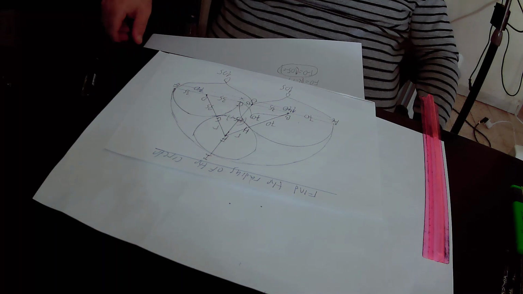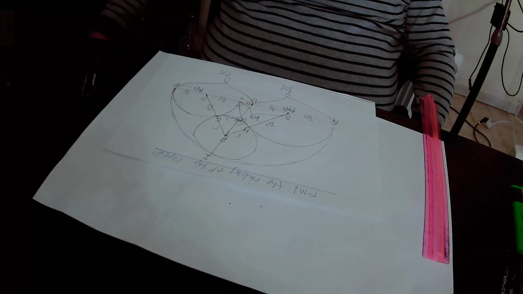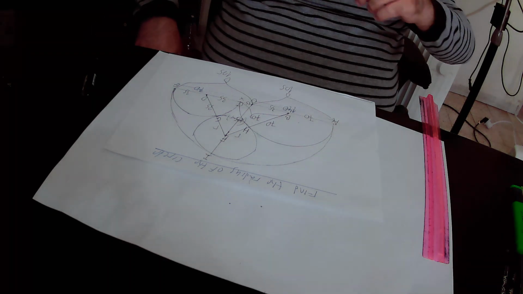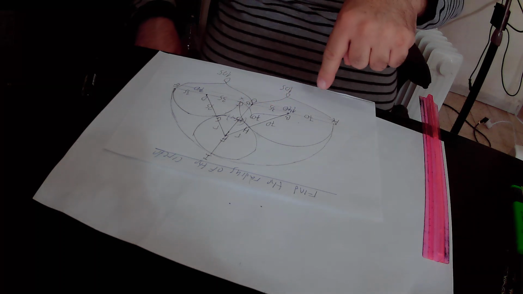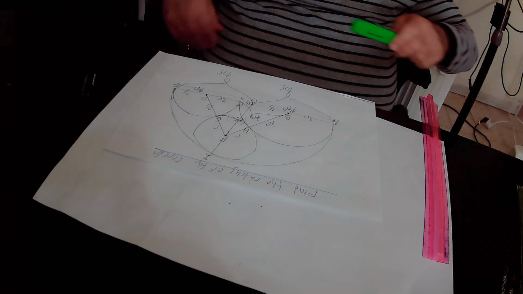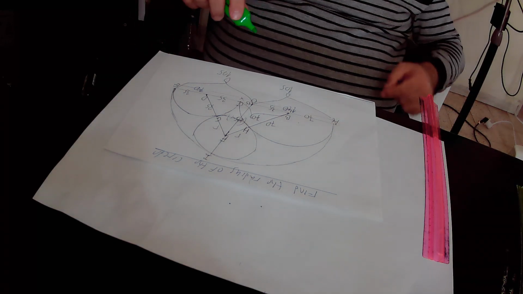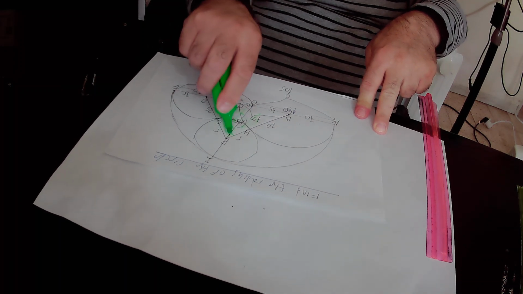In the next step, I will present to you a new rule, and we will implement the new rule in this triangle BFD. I repeat again, we will implement the new rule in this green triangle BFD.